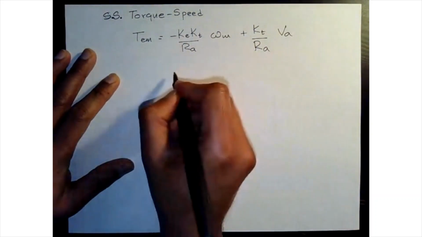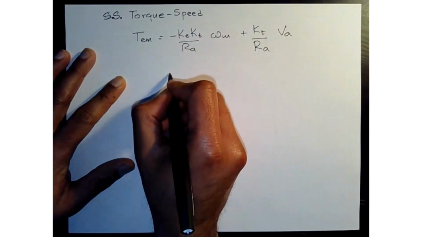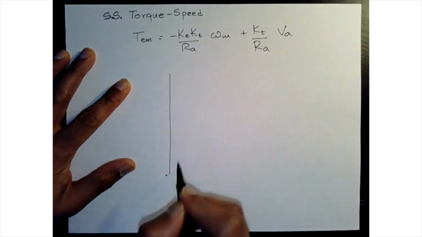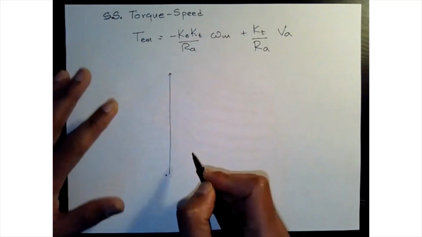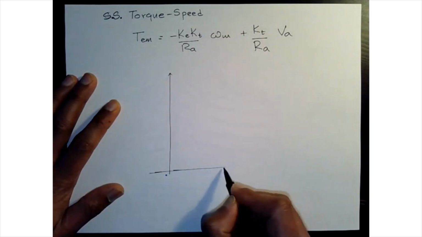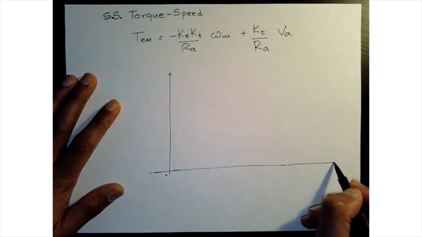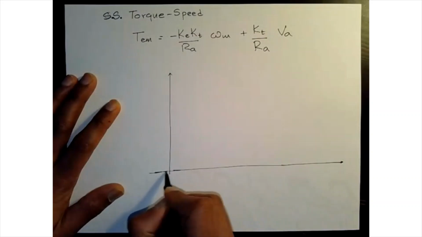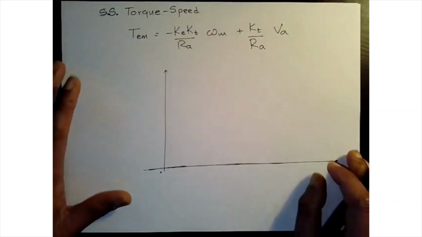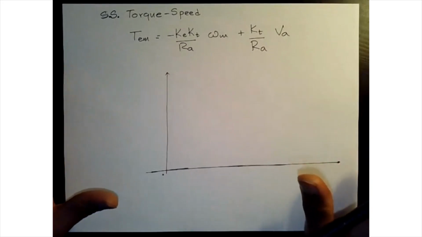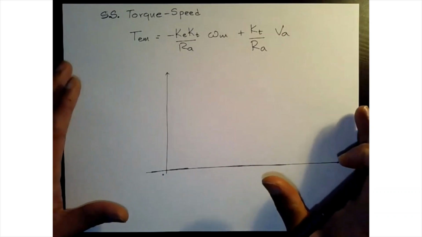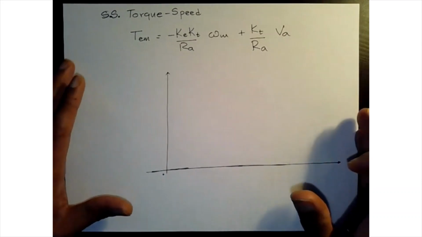Now, if we look at the operating region, let's look at the torque versus speed plot. This is where we study the characteristics of this DC motor. Again, don't propose wound field DC machines for small low power applications because it's not very effective.